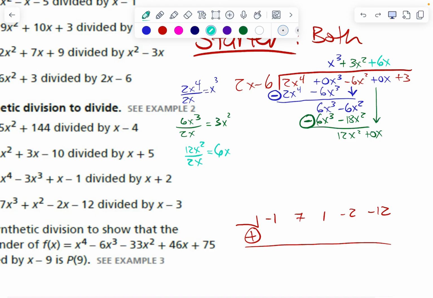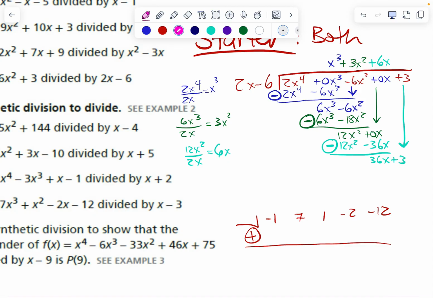Okay, now we multiply. We get 12x squared and negative 36x. Subtract that whole thing. 0 minus negative 36x. Good. Bring down a 3.